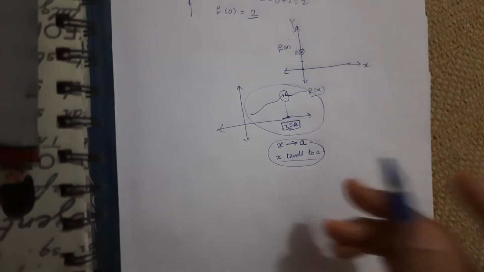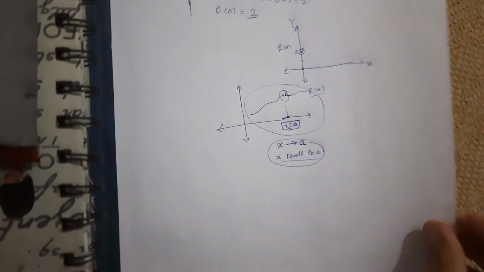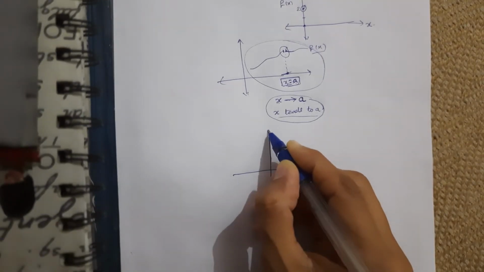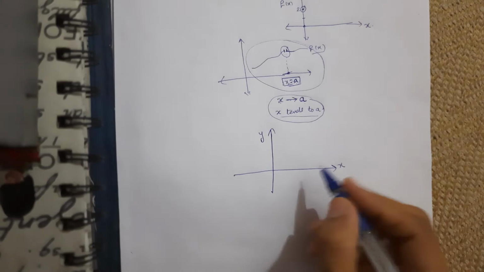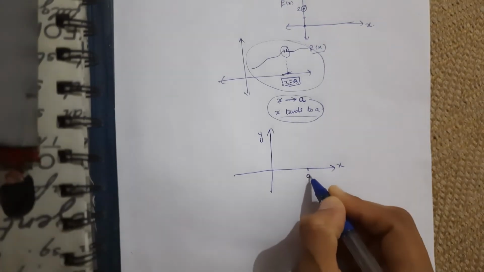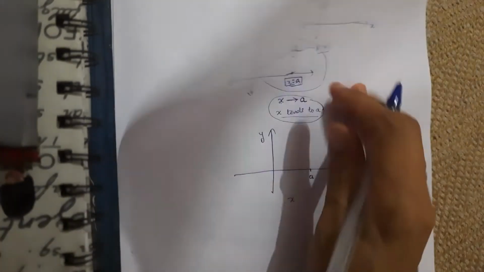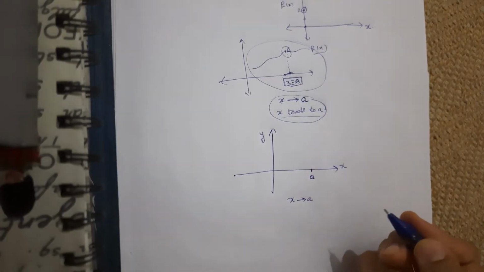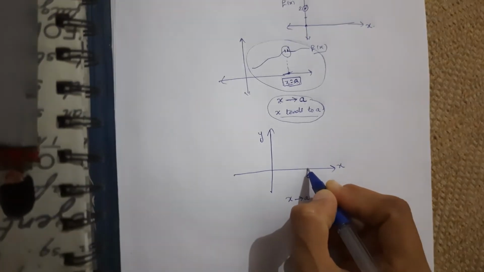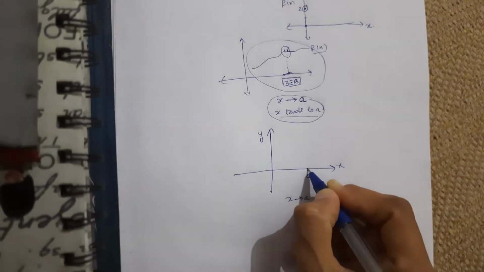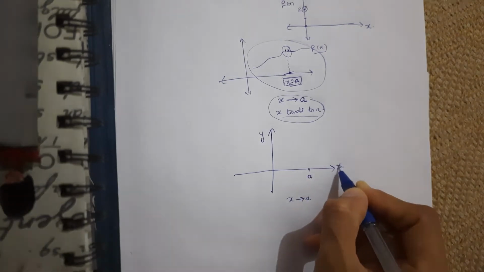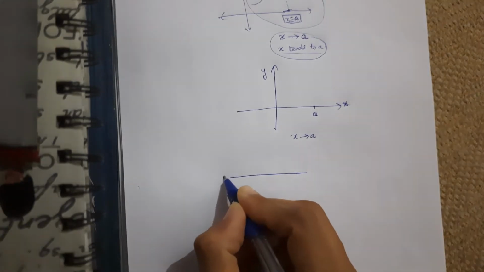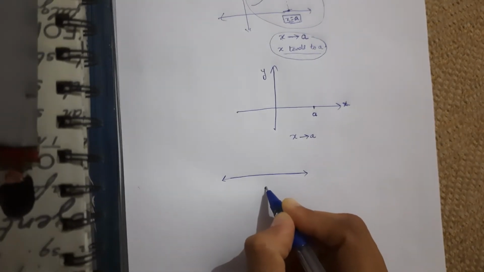Now whenever I say x approaches a, suppose I draw a different plot here. Here is our x and here is our y. Suppose A is here, and I am saying x tends to A. Consider this: if this is a railway station, then x is like a train. Suppose this is a railway track, and we are standing here.